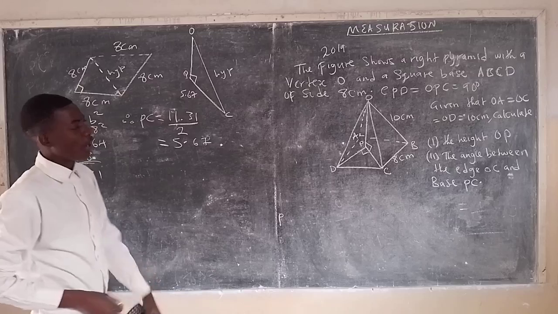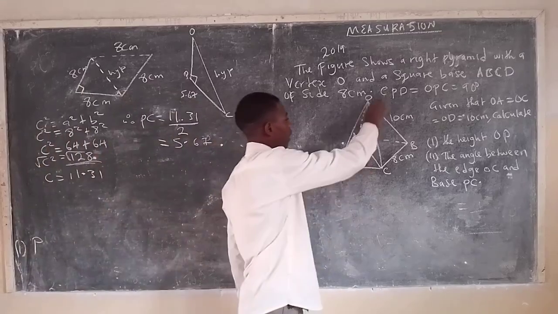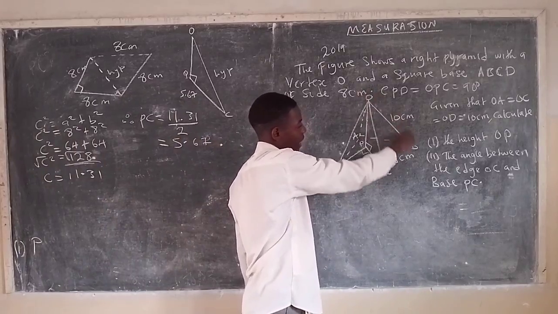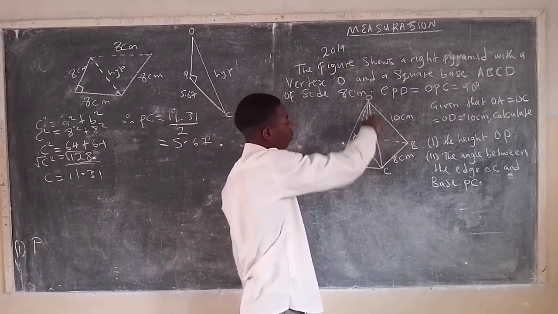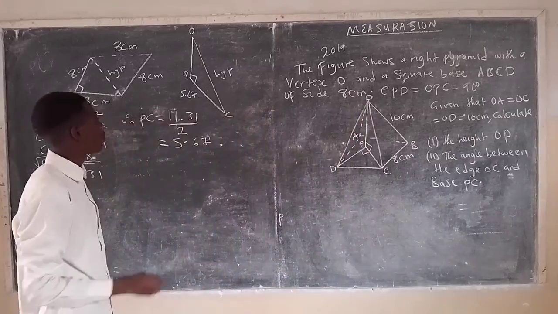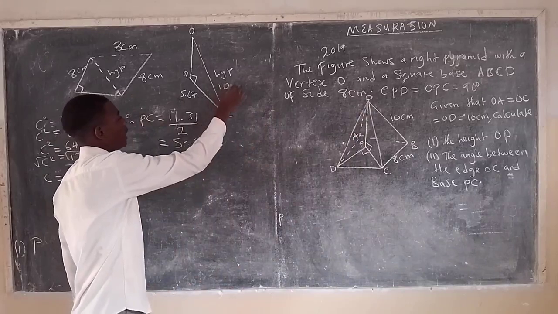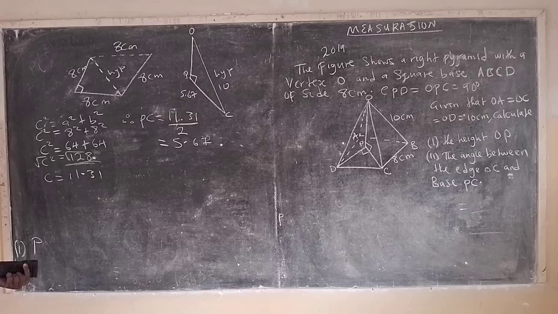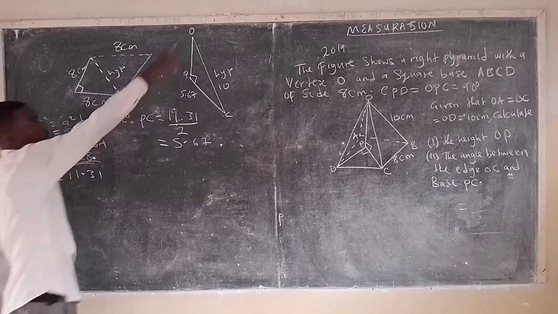Then, if this is a pyramid with a square base, all the slant edges are equal, so if this is 10, automatically this will also be 10, and that one will also be equal to 10. So here we have a 10. Now we can find our OP. According to the Pythagoras theorem, the hypotenuse is now OC.